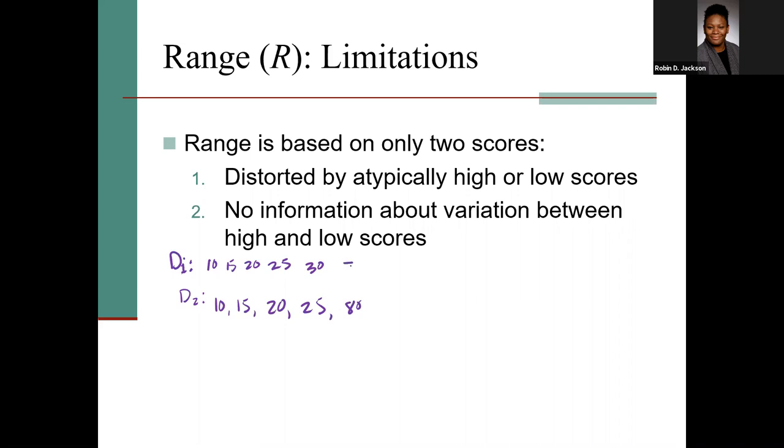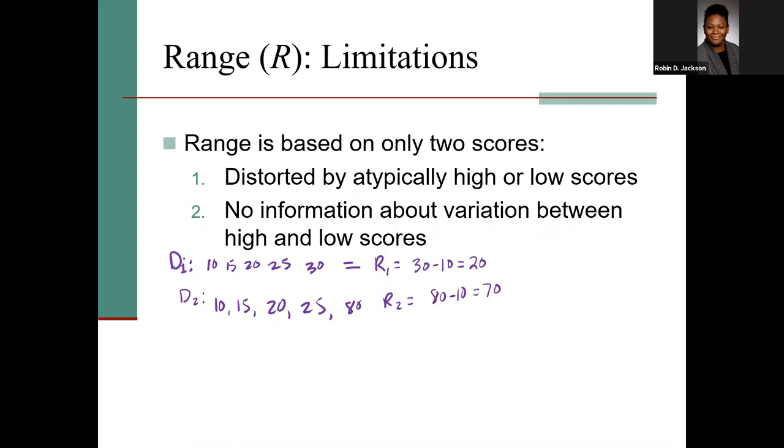All right. So the range for distribution 1, we'll just say range 1 is equal to 30 minus 10. That gives us 20. Then range 2 is equal to 80 minus 10. That gives us 70. So you see there's a big discrepancy there.